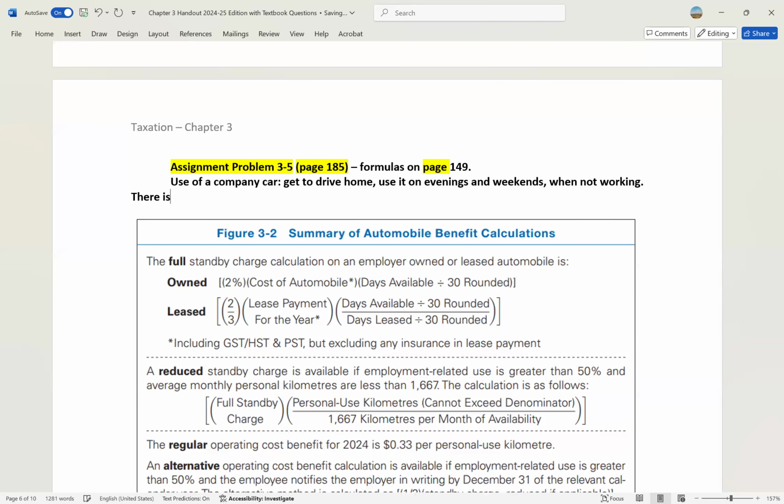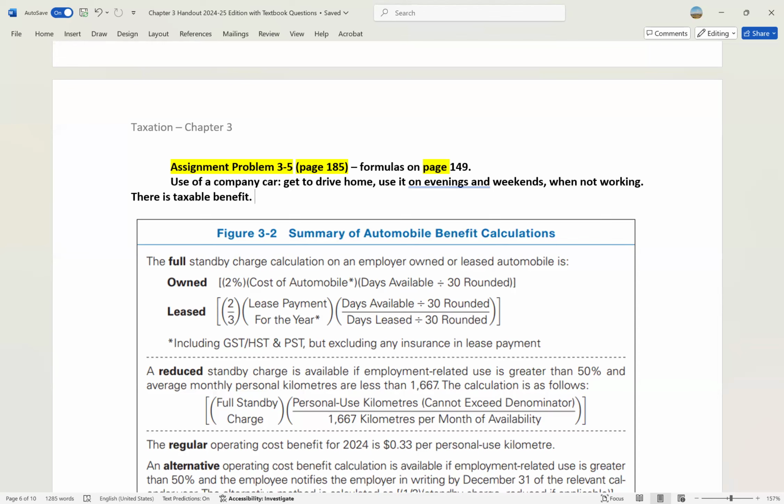So there is a taxable benefit. So this is sort of different from if you go to work, you take the company car out for the day to visit clients, you return to the office, you leave the company car there, and then you go home. This is a situation where you get use of a company car, but you get to take it home with you.